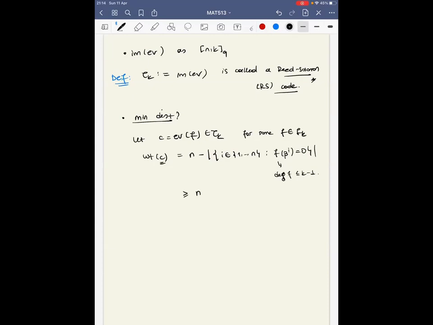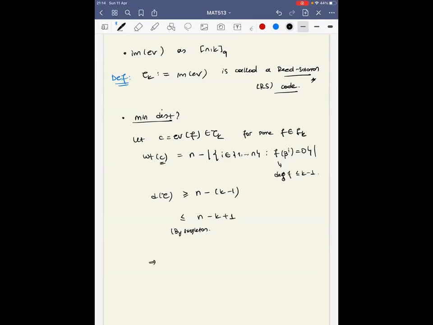This shows us the weight of any codeword is at least n minus k plus 1. On the other hand, by the Singleton bound, we also know that its minimum distance is less than or equal to n minus k plus 1.